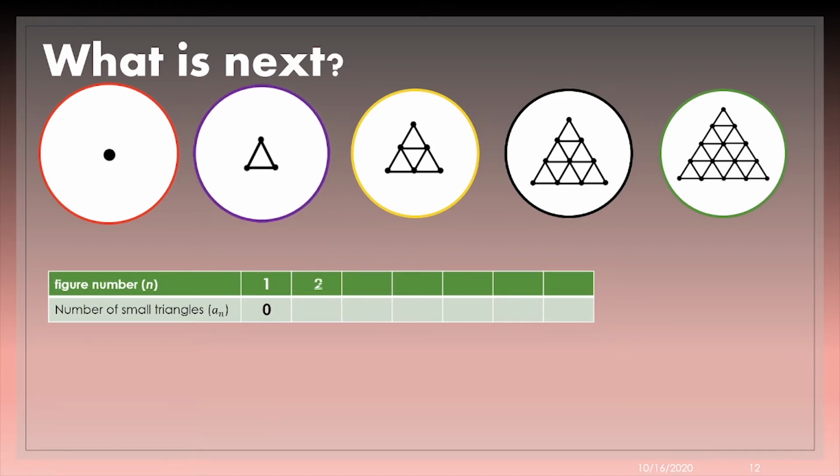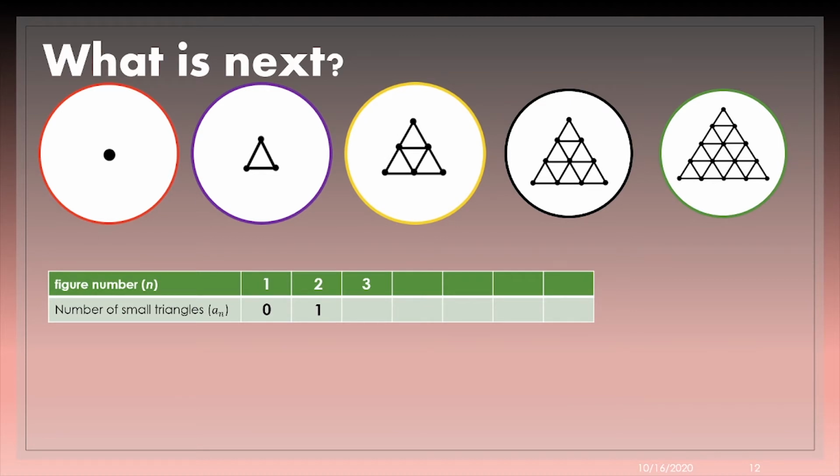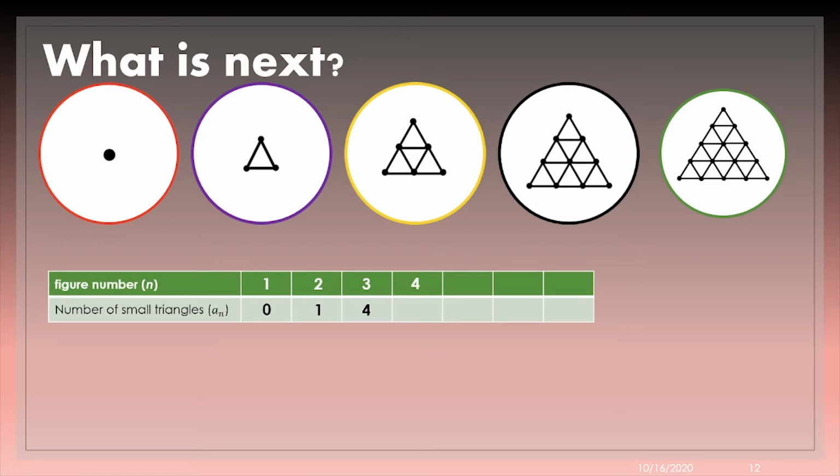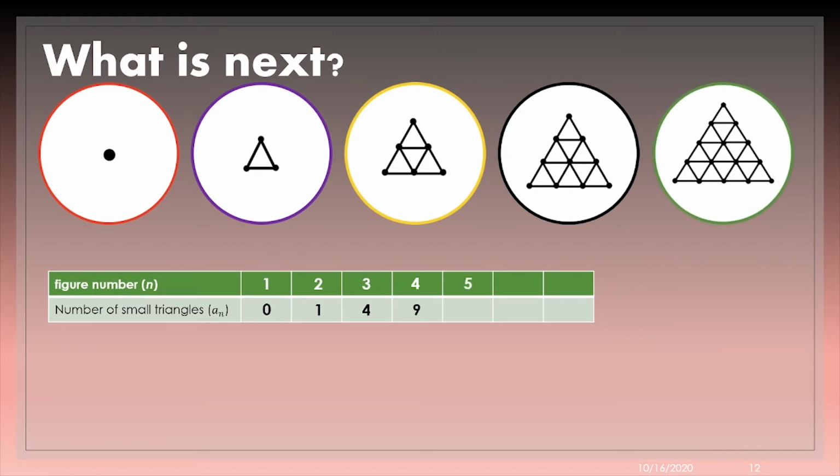In figure number 2, so we have 1 triangle. In figure number 3, how many triangles? So we have 4 small triangles. In figure number 4, the number of triangles is 9. In figure number 5, so sana binilang nyo na. Okay, so the number of small triangles is 16. Okay, observe natin yung pattern, kasi we're talking about sequence.